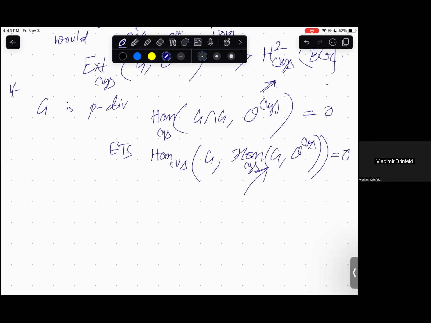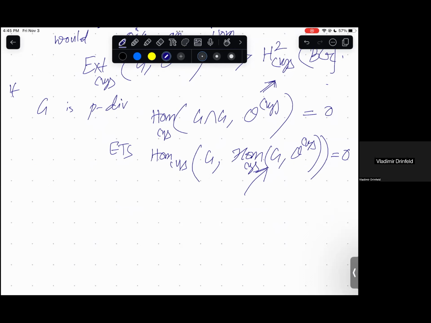Ext1 classifies abelian extensions of G by A. H2 of G with coefficients in A classifies all extensions of G by A. Now, if you have an arbitrary extension of G by A, then what is the obstruction?